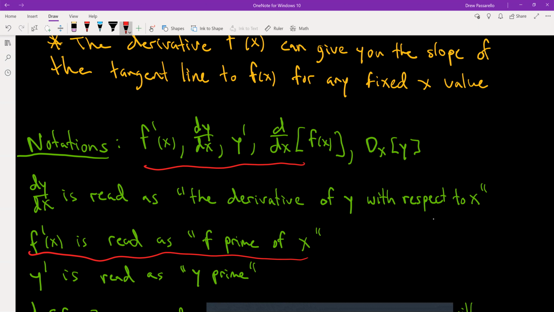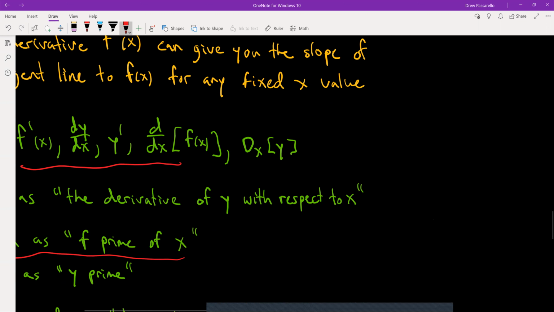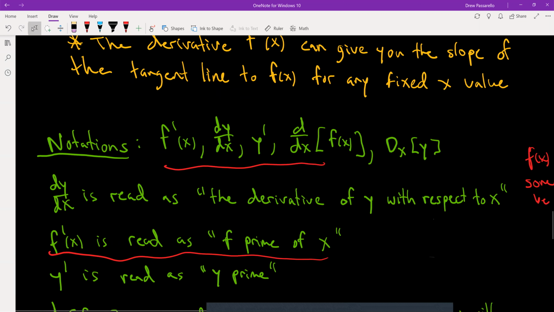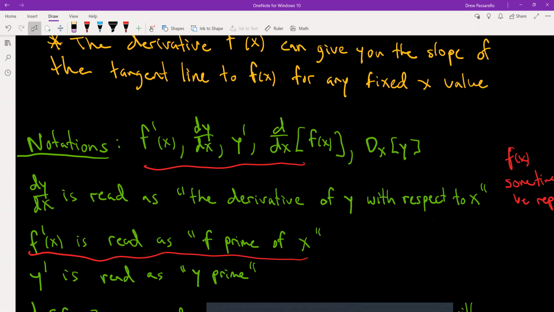So sometimes they don't use f of x. Sometimes they use the letter y to represent the same thing. Instead of having to write that function notation, we just use the letter y. And again, this doesn't mean dy divided by dx.